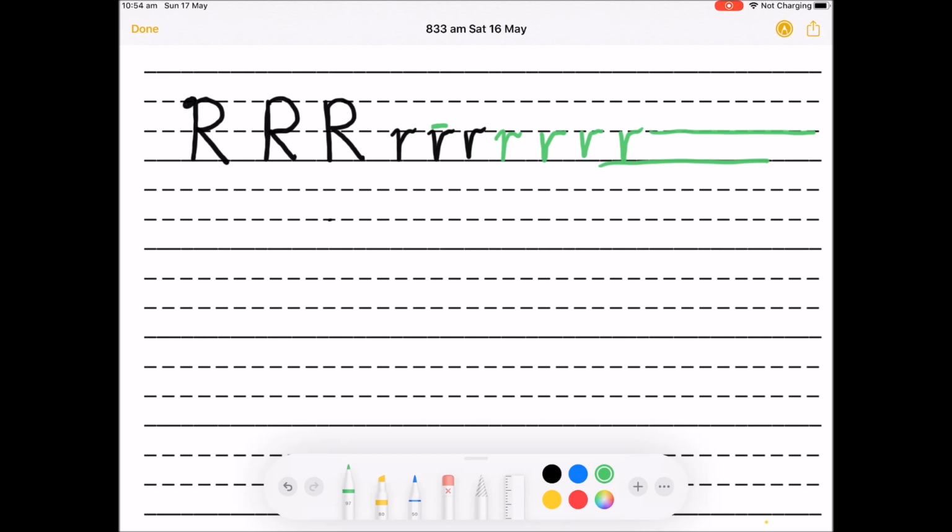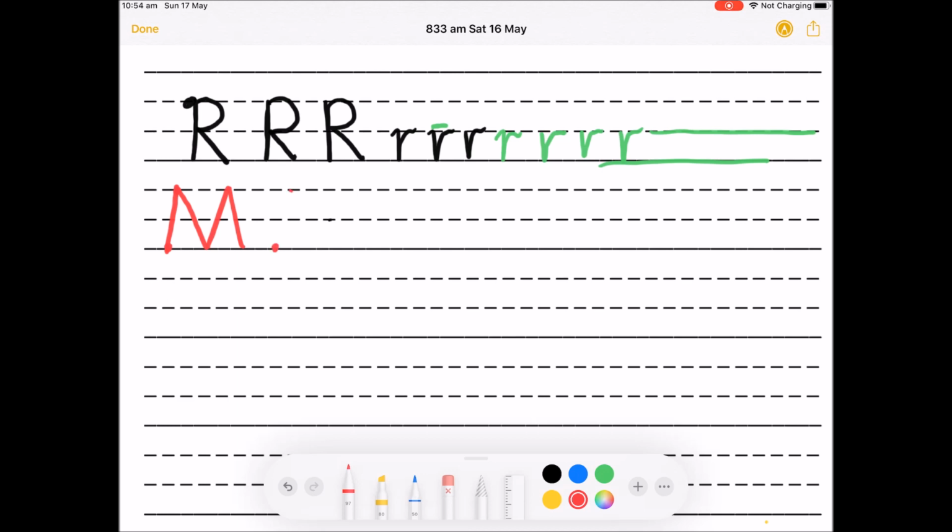All right, M. I feel like I'm pretty good at letter M's because I have a lot of them in my name. All right, so a capital M, like all capitals, starts up here. Well, he goes up there because he actually starts down here. So he comes up to that line, and then we come back down to the baseline. Then we go back up to the top dotted third, and then back down for our last line.